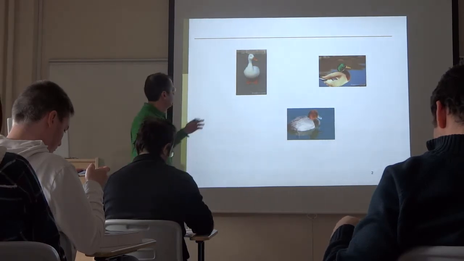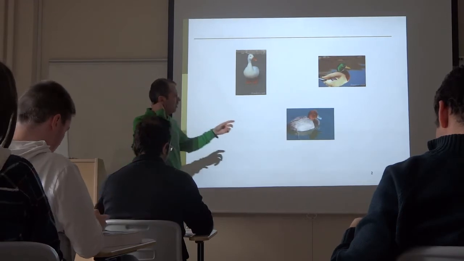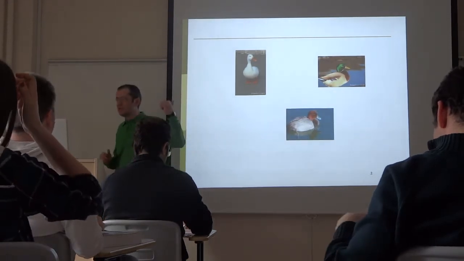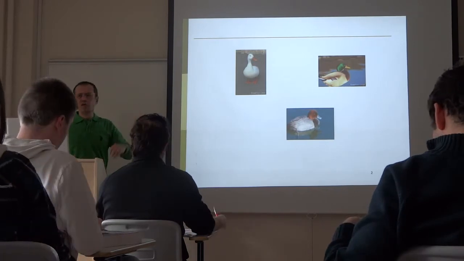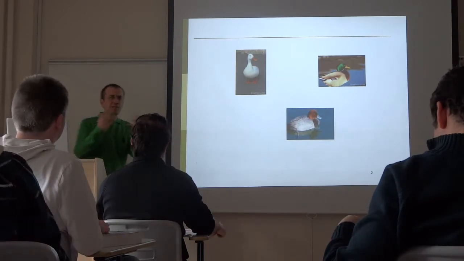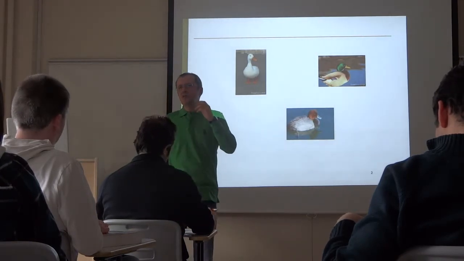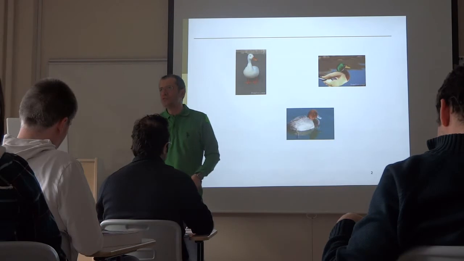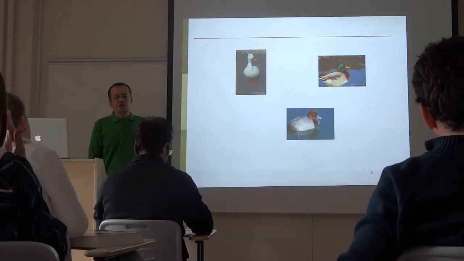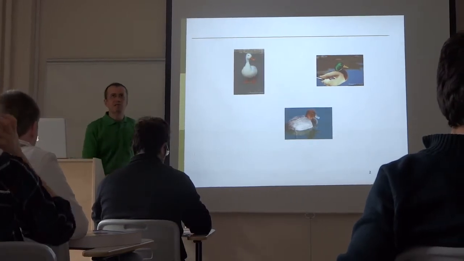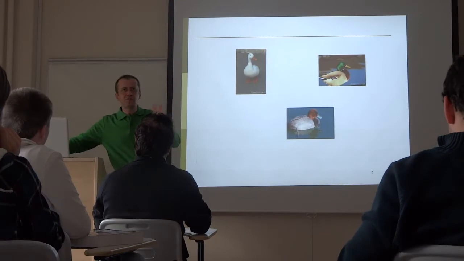We have the mallard duck, we have the red-headed duck, so different ducks we have. Normally, as an object-oriented programmer, I don't know if you do the same, immediately when I have such an object that I have to write a program about, I say, okay, there are different types of ducks.